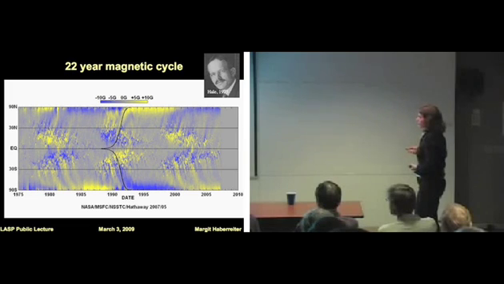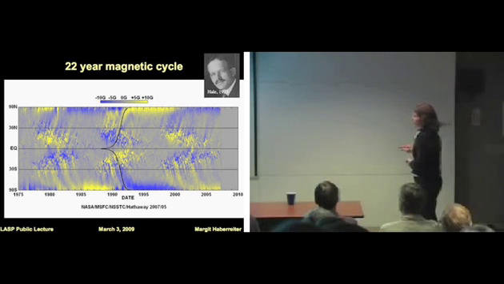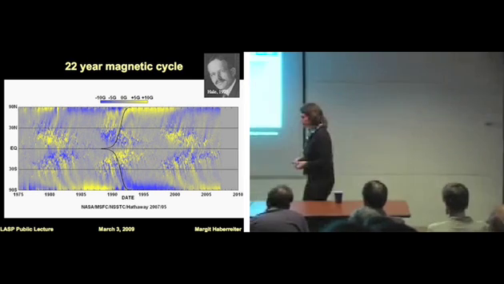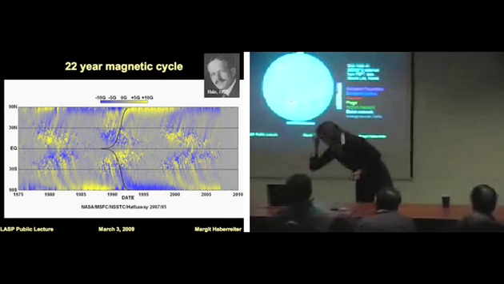As you can see, this is the pole region, and every 22 years the polarity of the poles again has the polarity of not the previous, but the one before the previous cycle. So the magnetic cycle of the sun is actually a 22-year cycle.